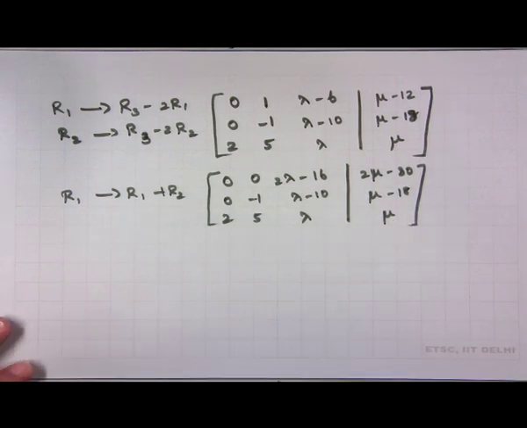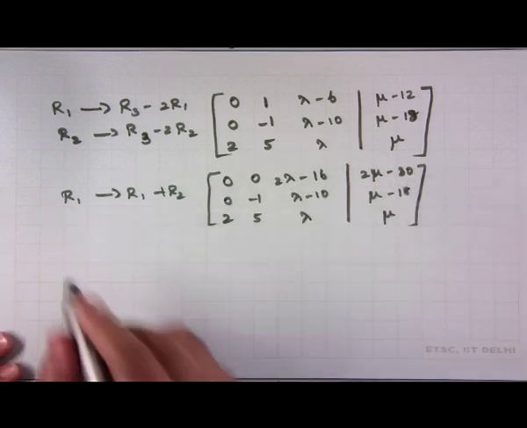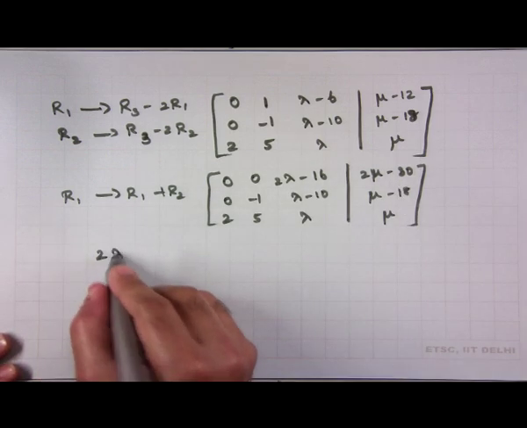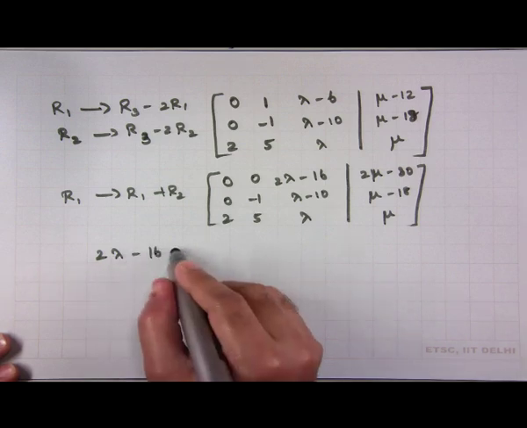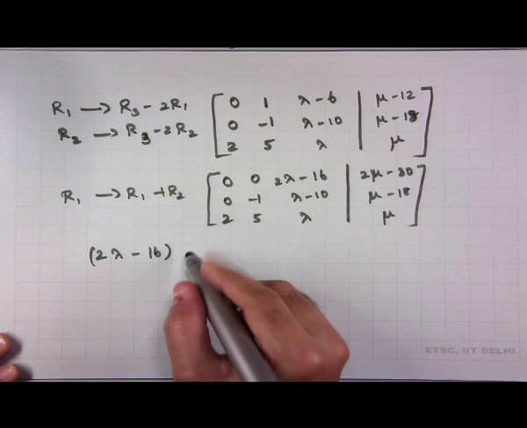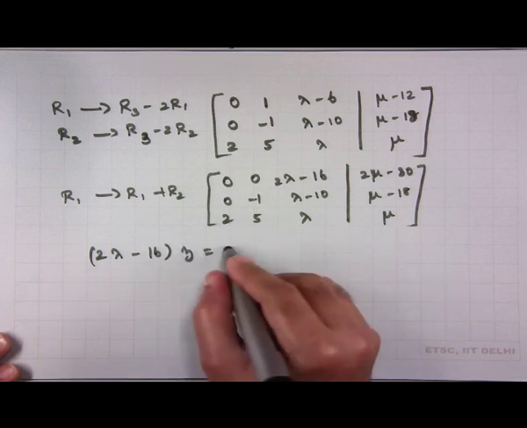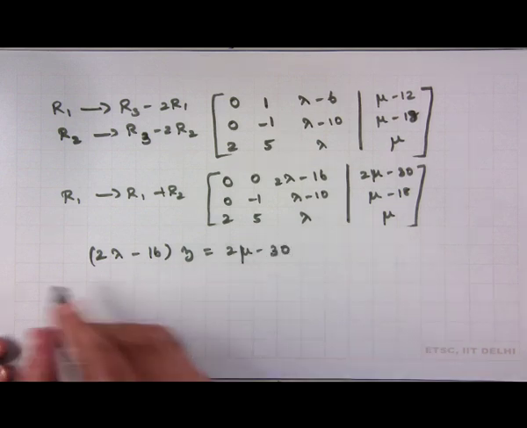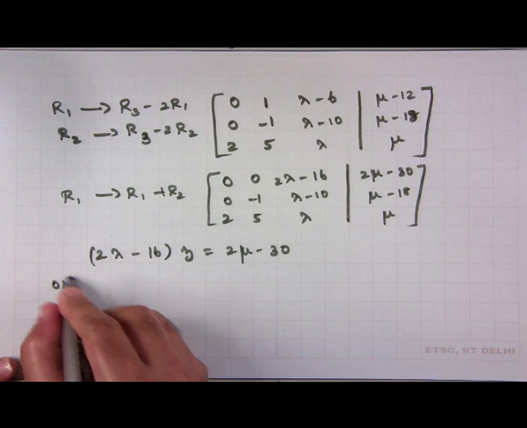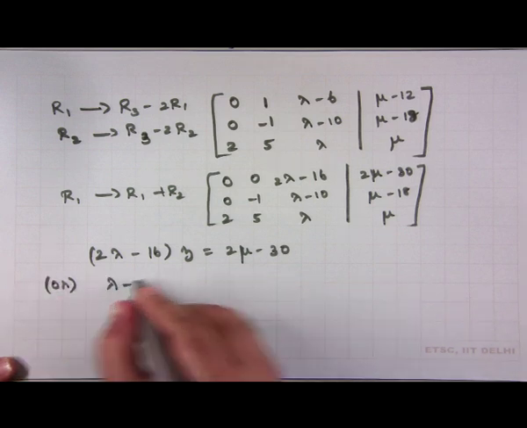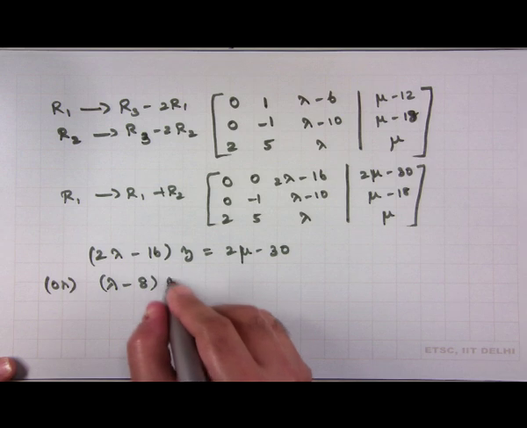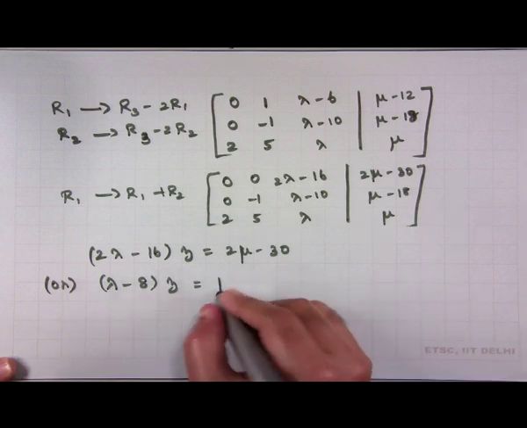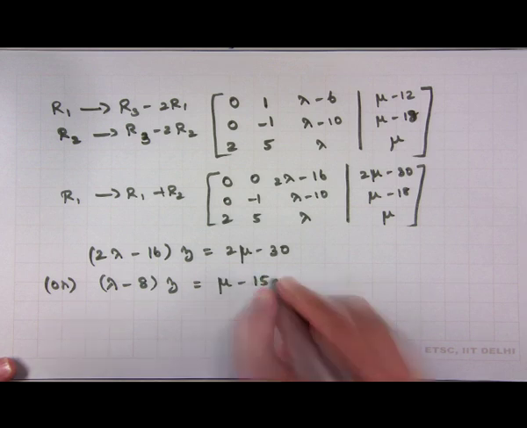Now, let us write down the last one: lambda minus 8 times z equal to mu minus 15.